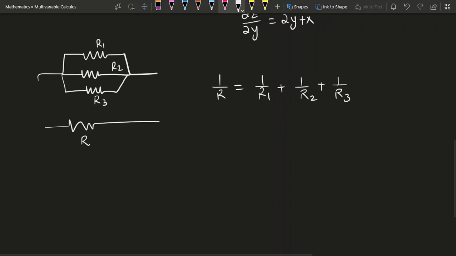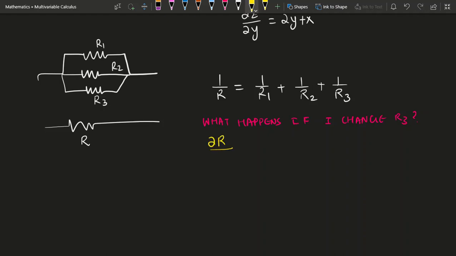So I want to know what happens if I change the value of R3. So basically we want to find what happens to del R over del R3, keeping all others constant, keeping R1 and R2 constant.